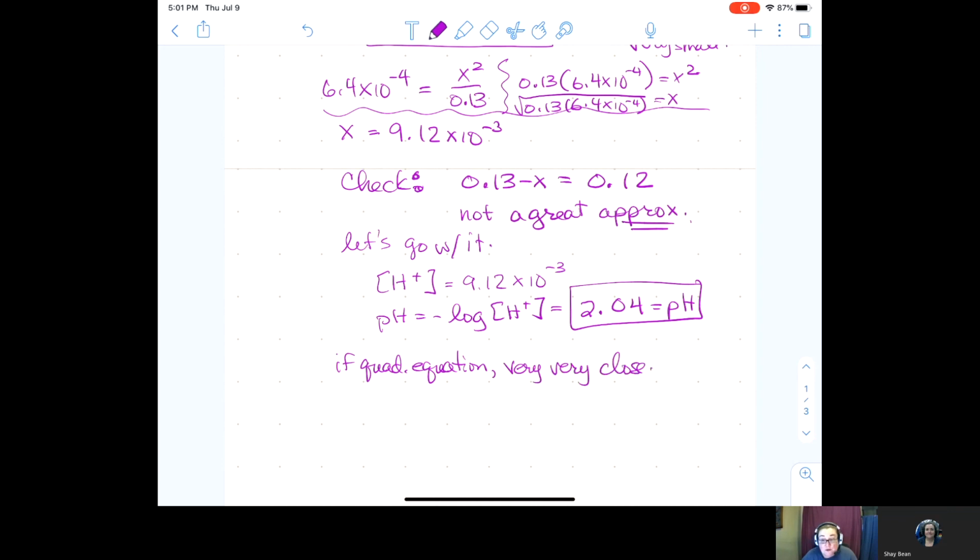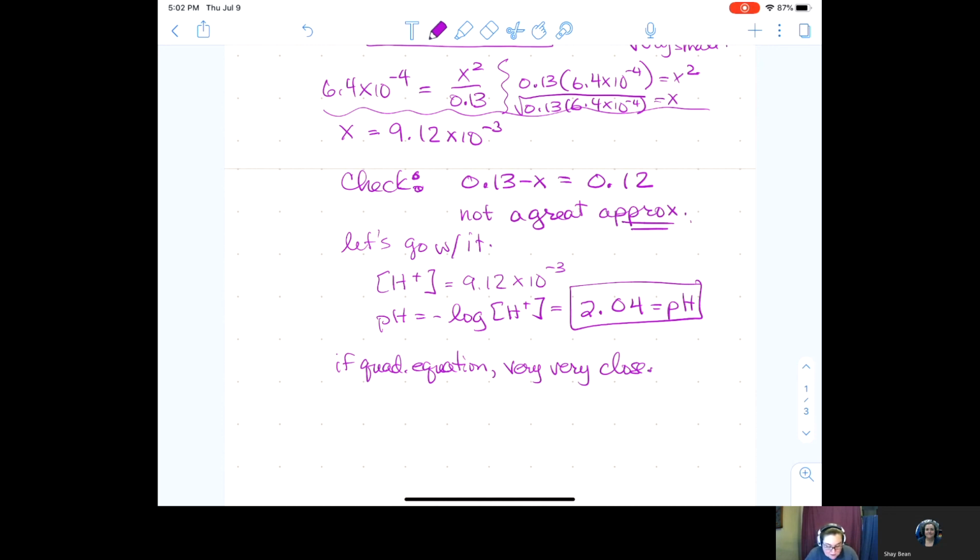And again, on a multiple choice question, this would be close enough that you should be able to pick it, as long as there weren't two answers very, very close to each other. When you have to type in your answer, this might not be close enough. Use that quadratic equation solver. Google how to use it and punch that in.